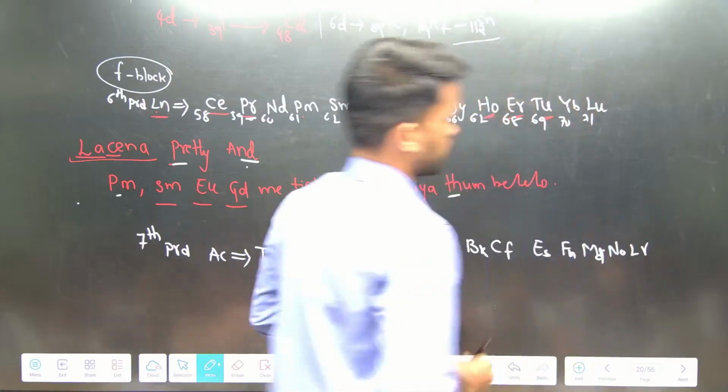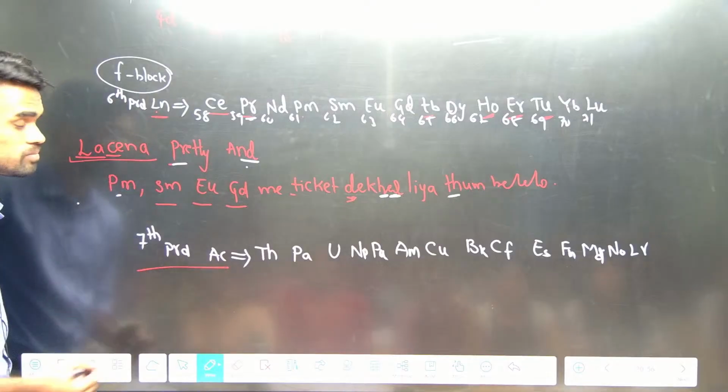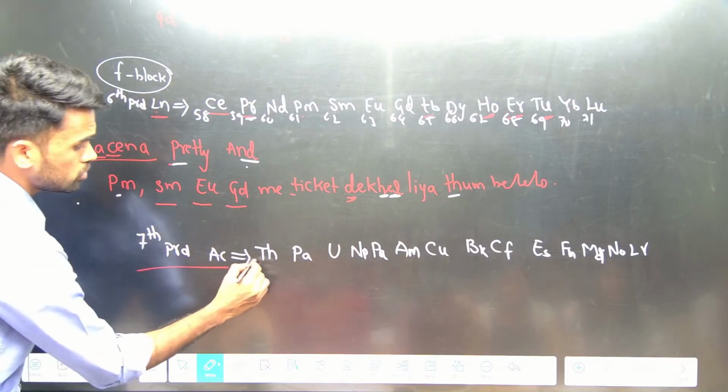MD. Okay, so how can you remember? From where to where are actinides? 90 to 103.